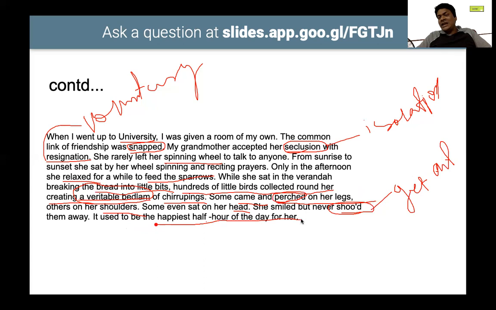Throughout the day she used to get this particular happy hour, which was nothing but the happiest hour of the day. So she felt very happy by spending the time with the sparrows.